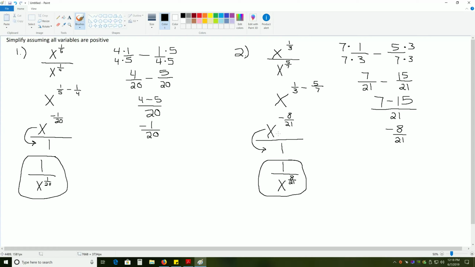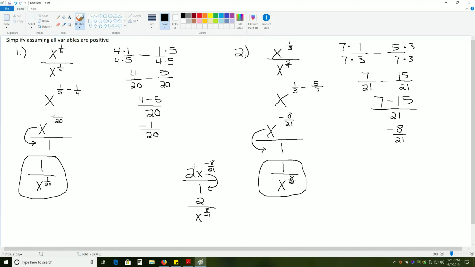And just one more side note, as this can be a confusing part right here where this 1 came from. If we had gotten to this step and say the problem was 2x to the negative 8 over 21, then when we put this over 1 and move the x to the denominator, because the 2 is not included with that negative exponent, we would be left with 2 over x to the positive 8 over 21.